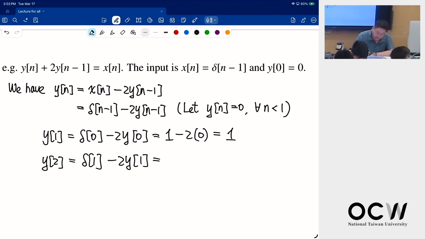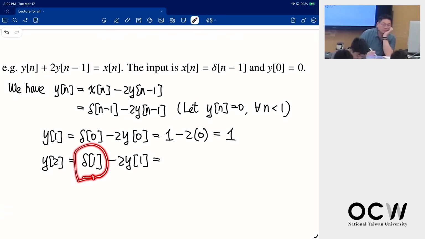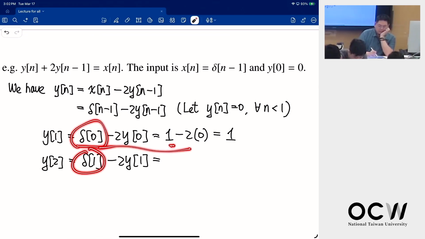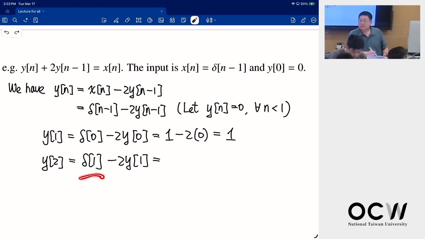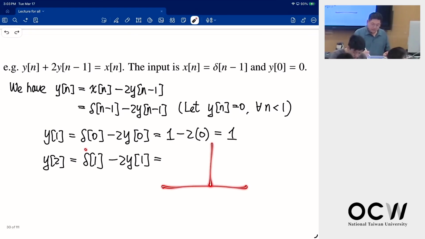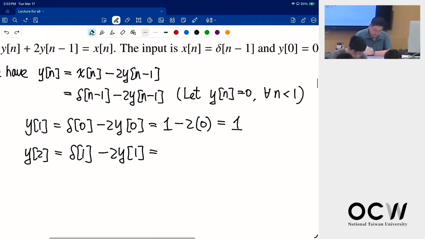Then y[2] will be the shifted delta function at 1, minus 2y[1]. What is the answer of delta at 1? The hint is, delta at 0 is 1. Then how about delta at 1? 0, right? Because the delta function only has 1 at 0, others will be 0. So 0 minus 2 times 1, you get minus 2.